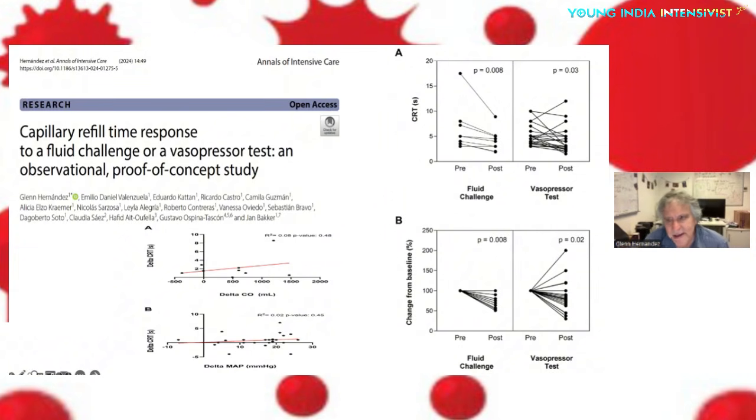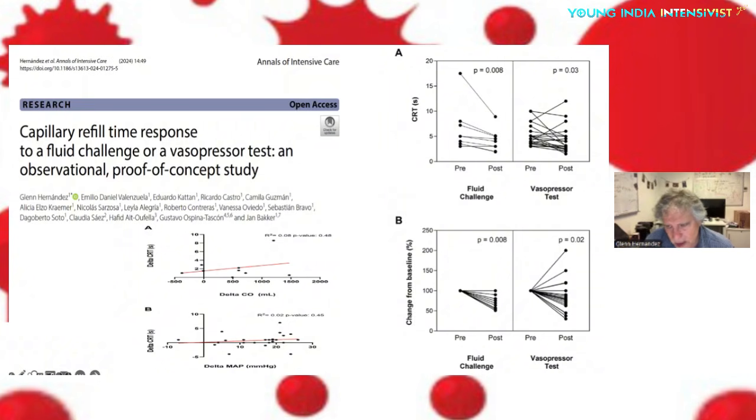And here are published some results of these studies, where you see that with the fluid challenge, you get a rapid normalization in 30 minutes, a normalization of capillary refill time, or a decrease of more than 1 second in capillary refill time.